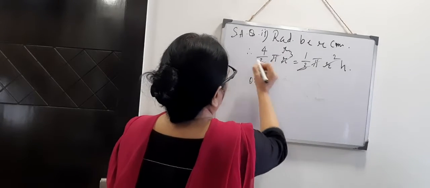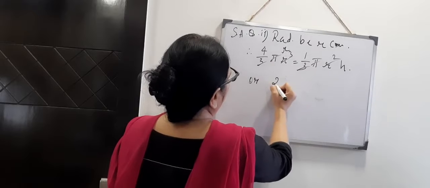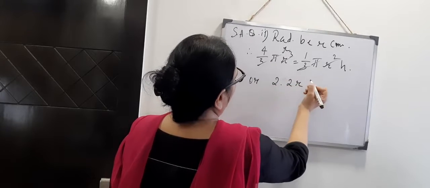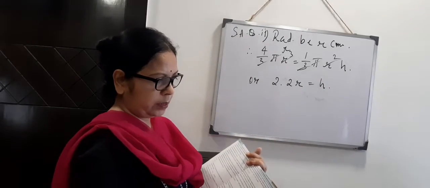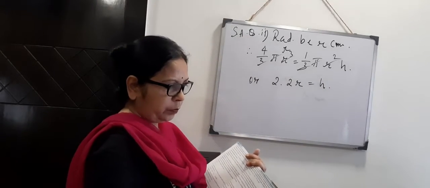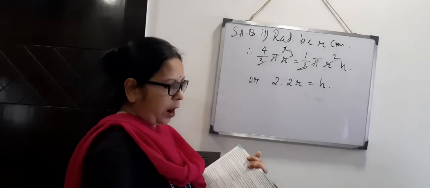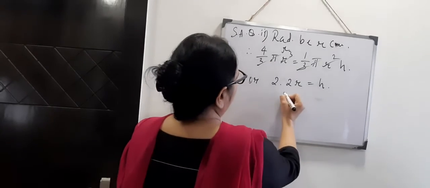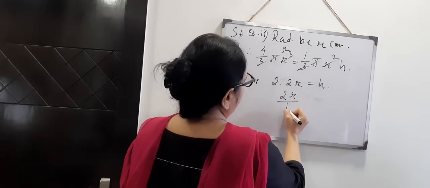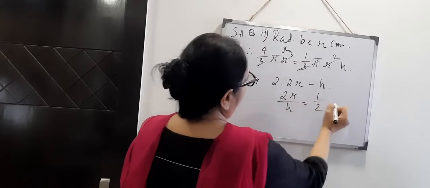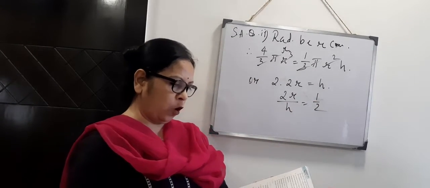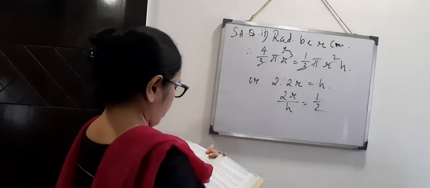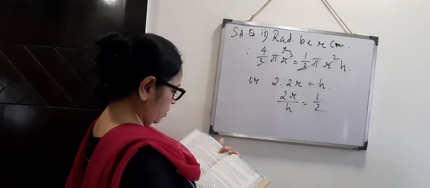Here 4 is there, so I am writing 2 into 2r equals h into 1, so 2 into 2r equals h. Clear? Here 2r by h equals half. You have to calculate ratio of diameter and height of the cone.